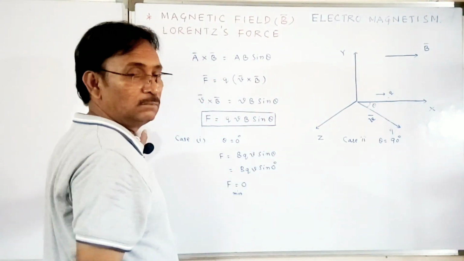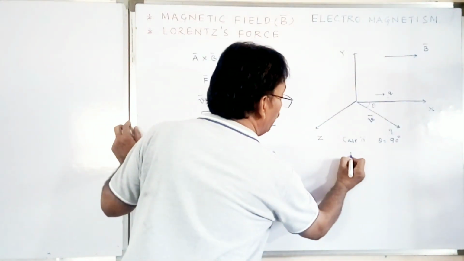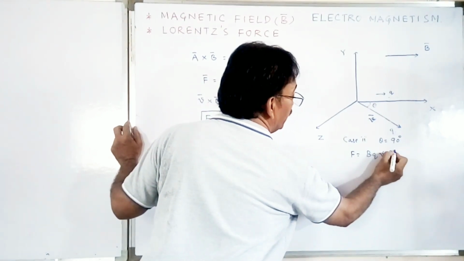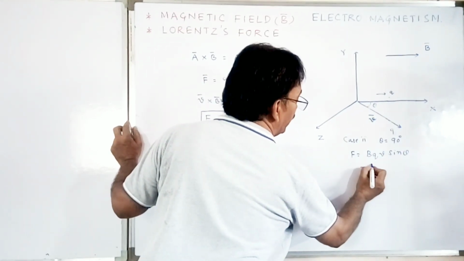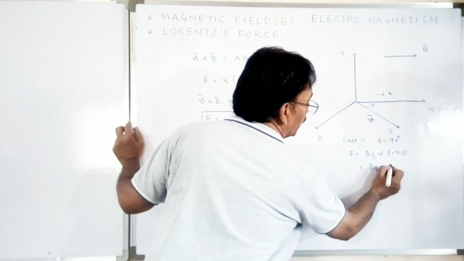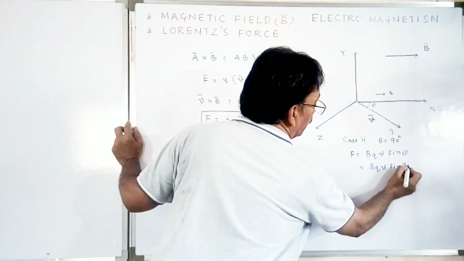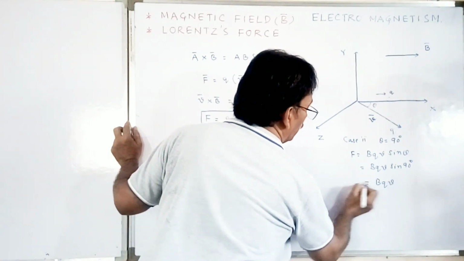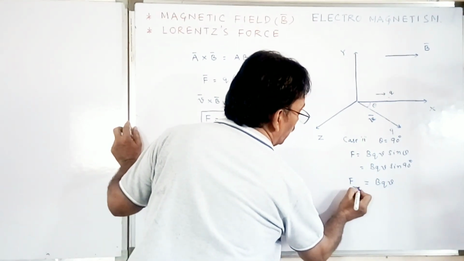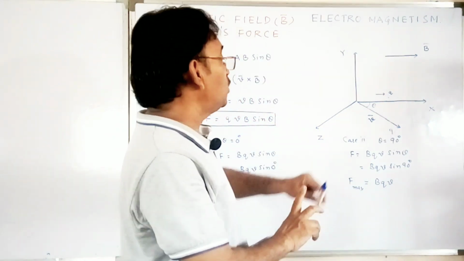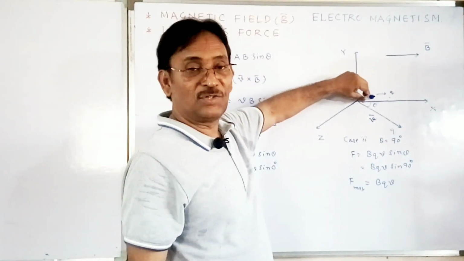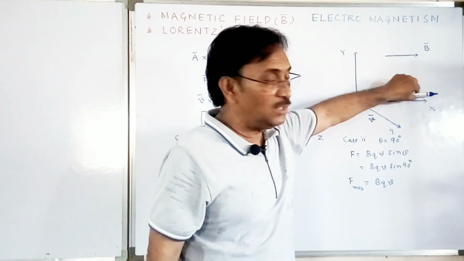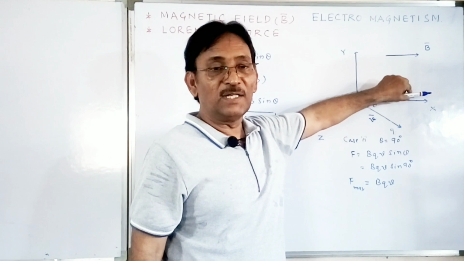And you know what happens now? F is equal to BQV sin theta, so it is BQV sin 90. The force is maximum. That means, if the charged particle is moving along this direction, instead of moving in this way, the force acting on the charged particle is 0.